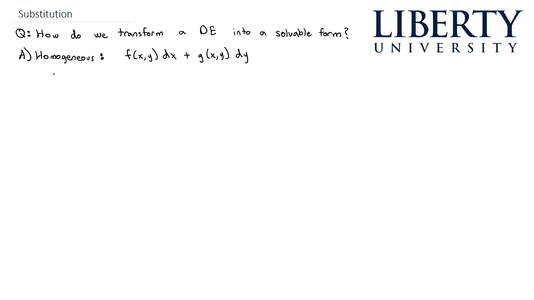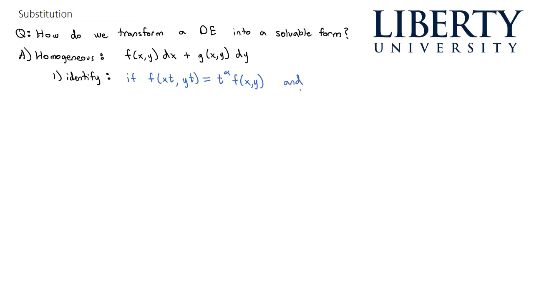And the way that we are going to identify it as a homogeneous equation is we're going to calculate f of xt comma yt, and we want it to equal t to some exponent times the original function f of x, y.